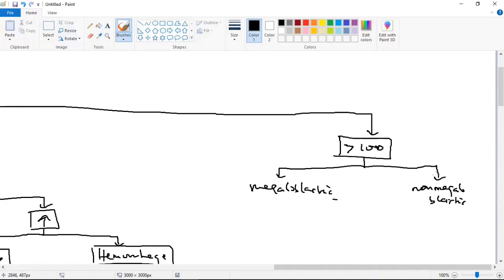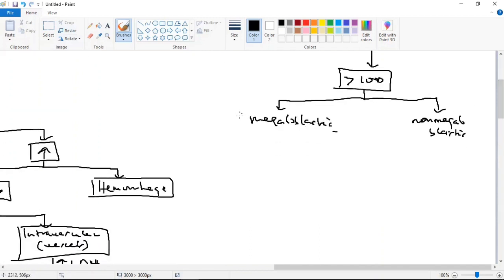Right, megaloblastic, non-megaloblastic. Megaloblastic anemias, you recognize this basically by seeing, let's say, hypersegmented neutrophils, right? Hypersegmented neutrophils.